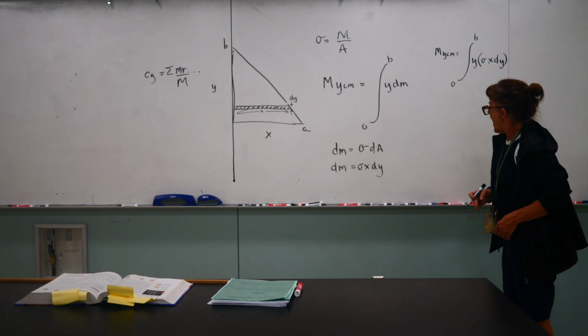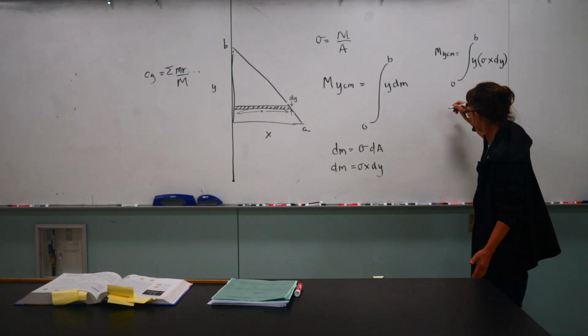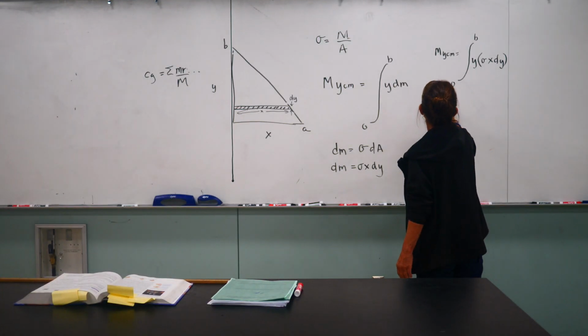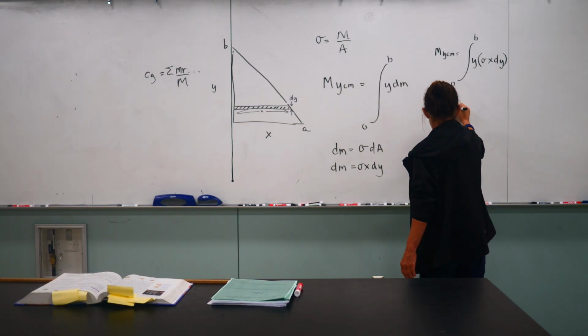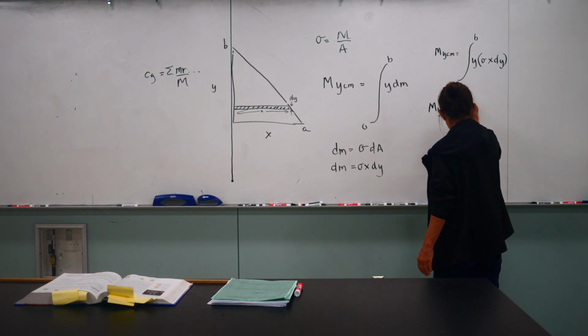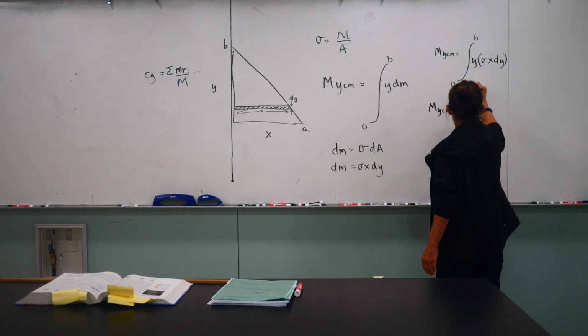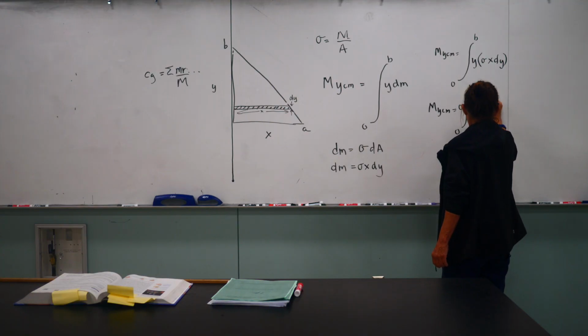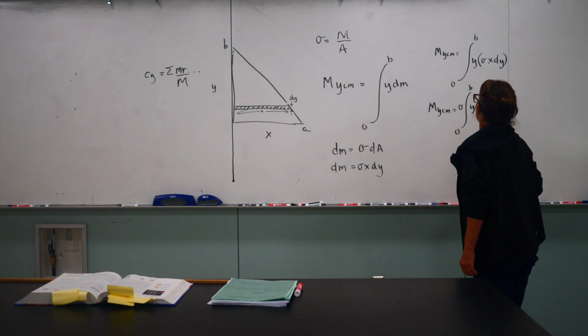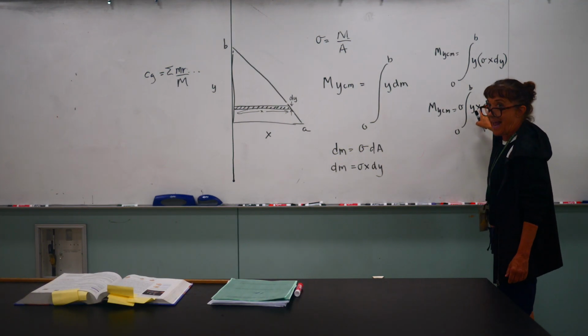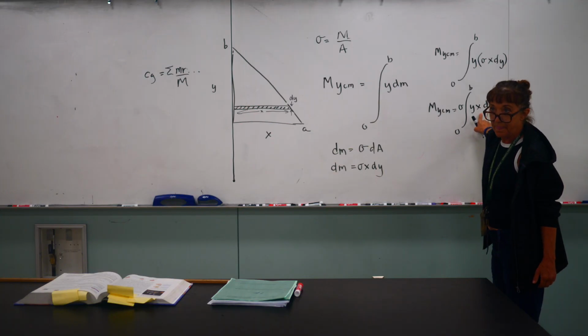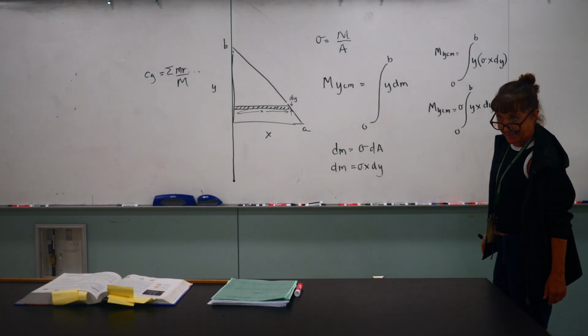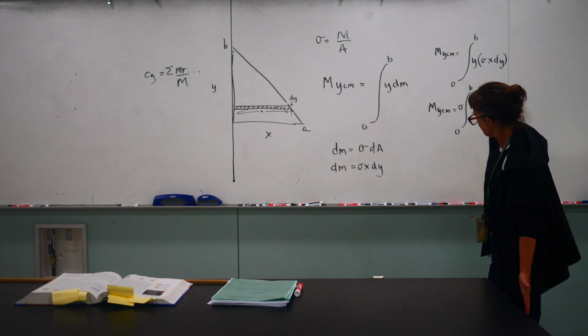I will pull out the sigma. The big M times y center of mass equals sigma times the integral from 0 to B of y x dy. Now I don't want a y and an x in my integral, so I'm going to rewrite x in terms of y.